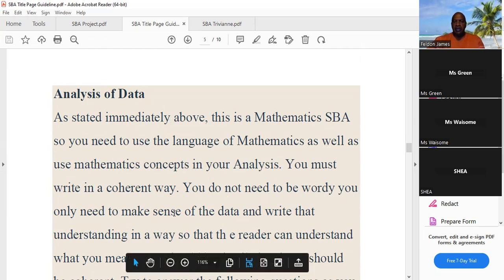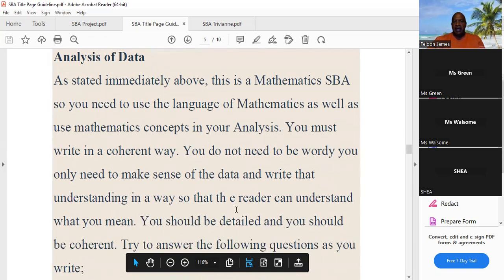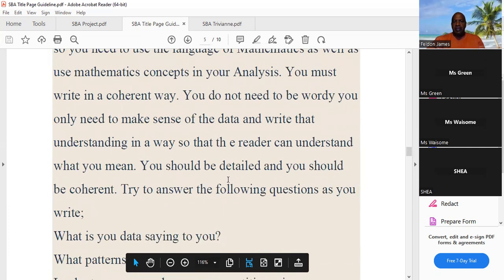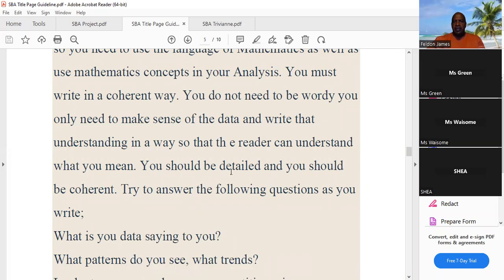You only need to make sense of the data and write that understanding in a way so that the reader can understand what you mean. You should be detailed and you should be coherent.